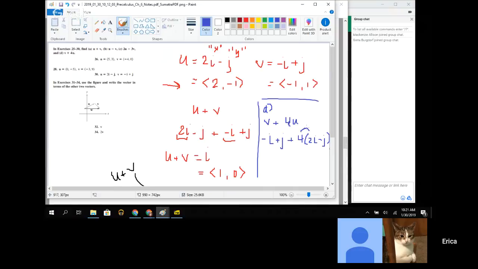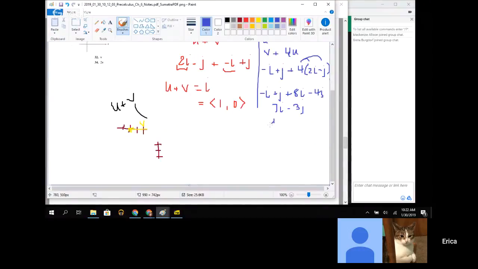Now I need to distribute my 4, and I get -i plus j plus 8i minus 4j. I add them together and get 7i minus 3j, which is equivalent, in the other format, to 7, -3. So the i and the j basically just indicate, are you talking x or y?